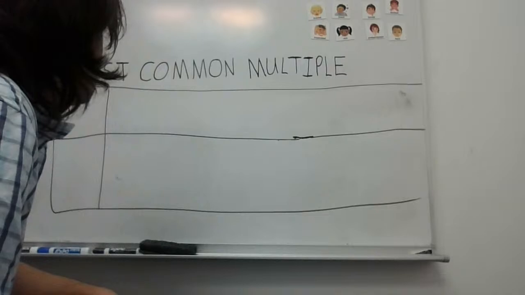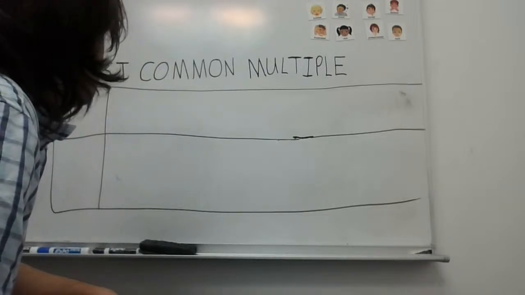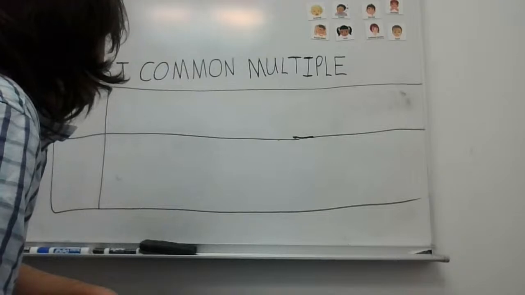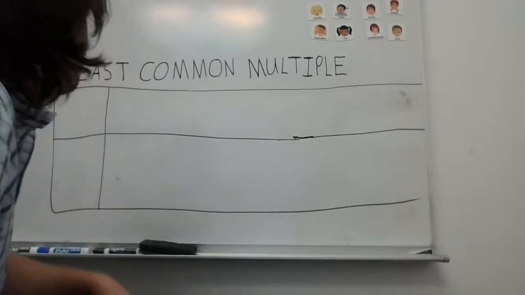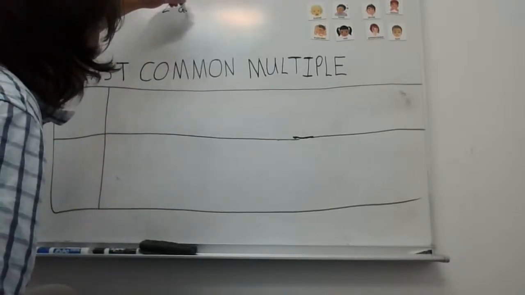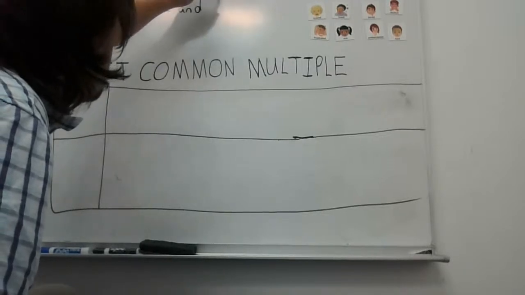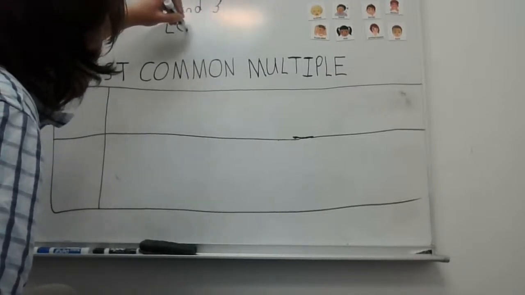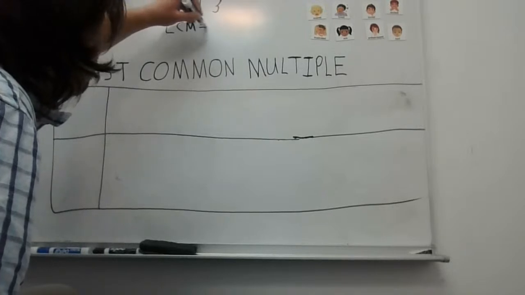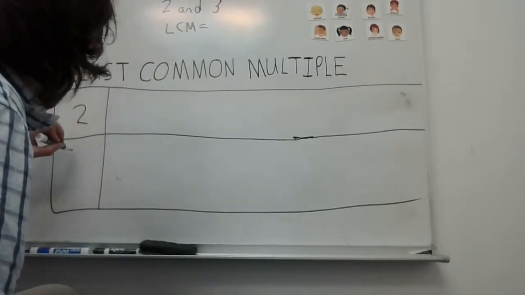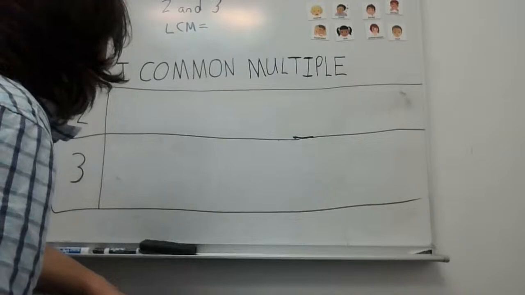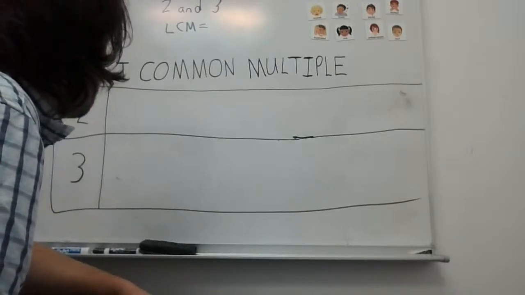Final one. All right, 2 and 3. How about that? We'll end it with 2 and 3. So I got to find the least common multiple between 2 and 3.